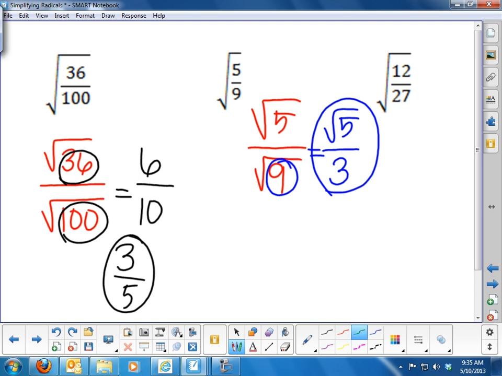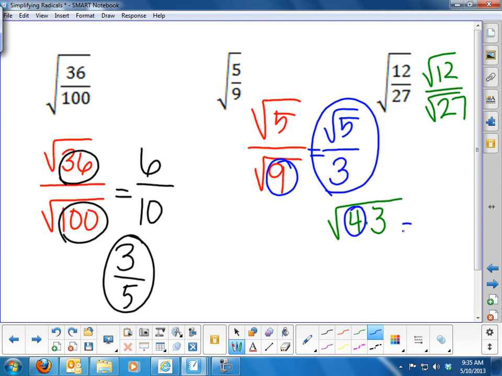All right, let's look at the last one here. I'm going to rewrite this as what? Square root of 12 over square root of 27. Okay, now, the square root of 12 I know is the same thing as 4 times 3, right? 4 is my perfect square, so that simplifies to 2 square roots of 3. Now let's look at the square root of 27. The square root of 27 breaks up to what?